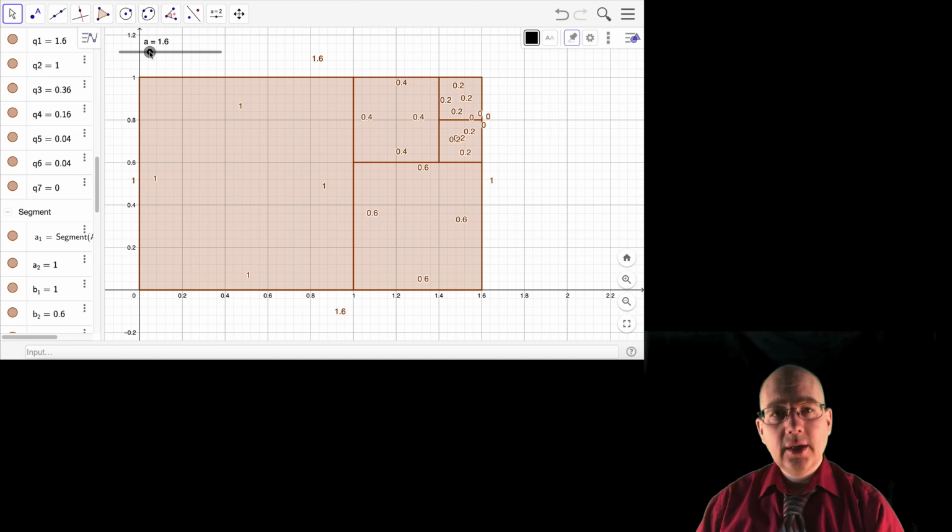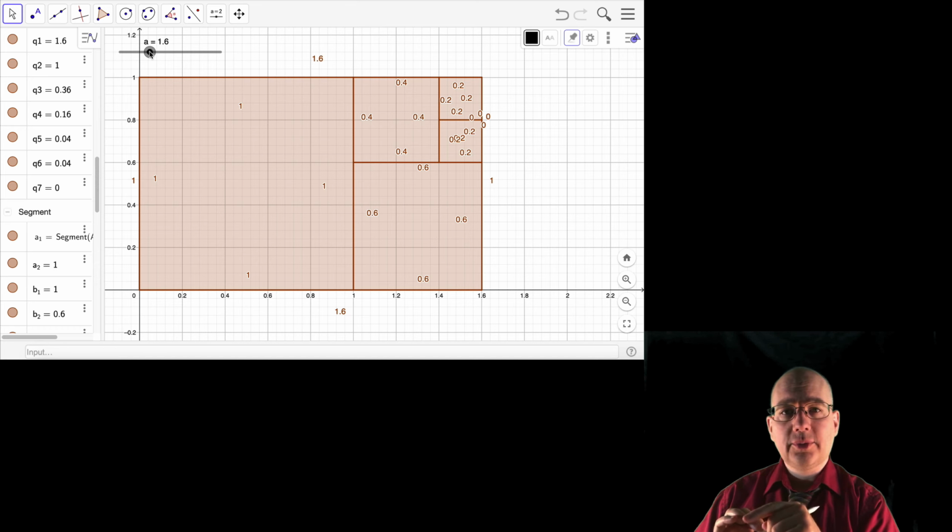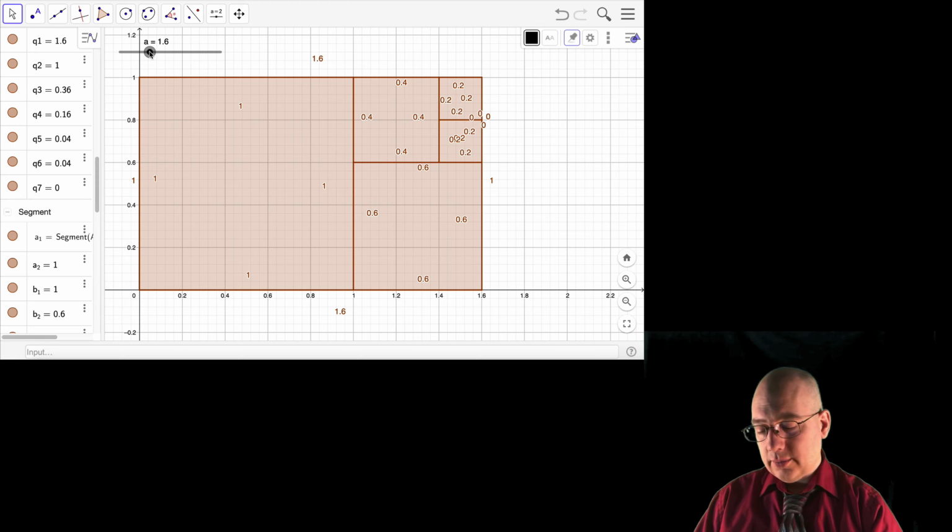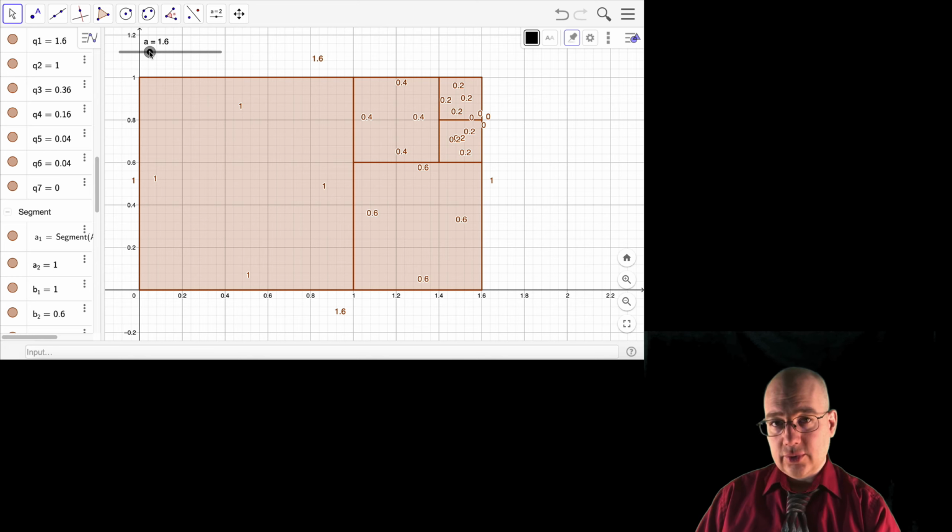Now we'll go back. So what are we looking for? We're looking for a rectangle where I can keep doing this process without a problem. And so one way, perhaps the only way, to ensure this is that you get a copy of the original rectangle itself, smaller, but the same dimensions. And then you can keep on doing it, right?